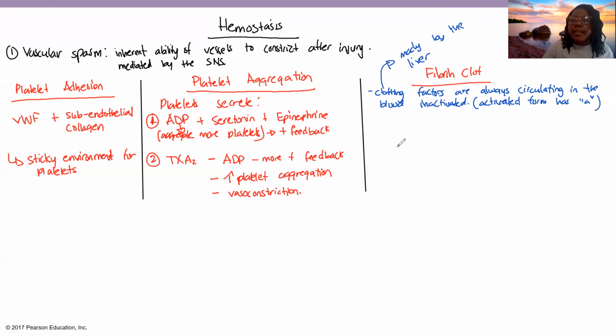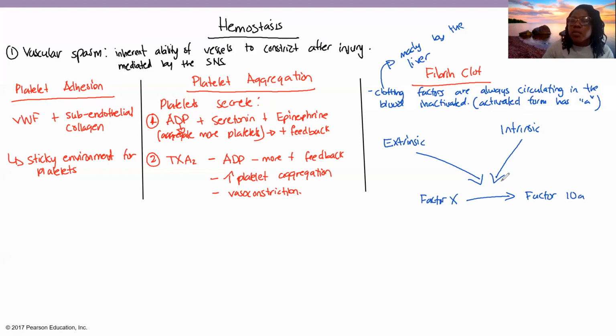Okay, so let's look at the extrinsic pathway, which then converges with the intrinsic pathway. Don't be too worried about the details of what's happening upstream here and here, but really where they converge. They converge via the conversion of factor 10 in the inactivated form to factor 10A.